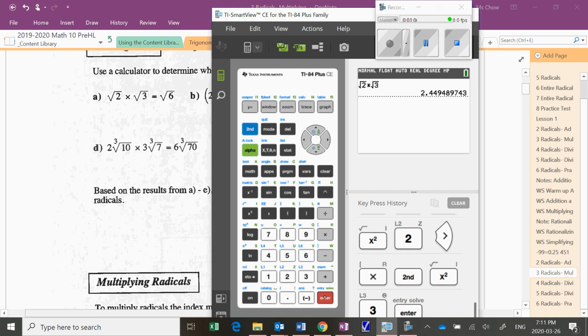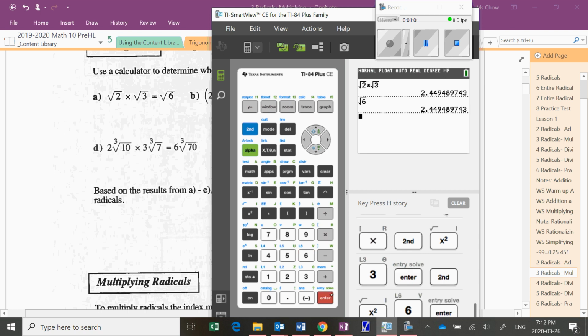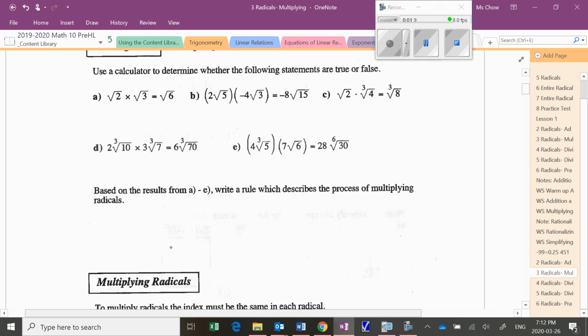Then let's not hit clear, and we'll simply enter in the second root of 6, and you can see that it is exactly the same decimal approximation, which tells us that root 2 times root 3 is equal to root 6. So take a moment and go through the other examples as well. So this one is true.